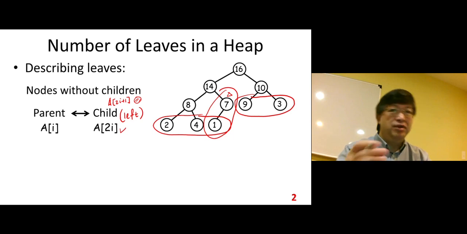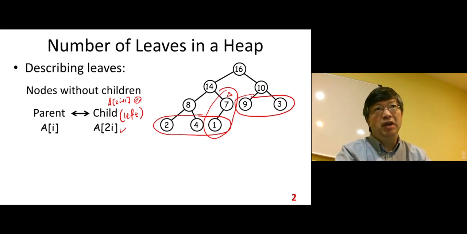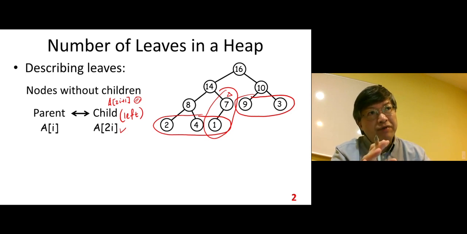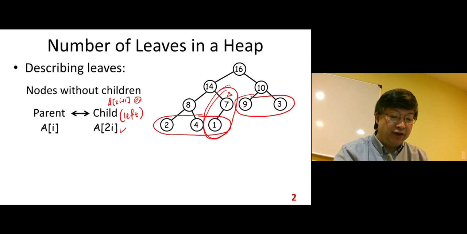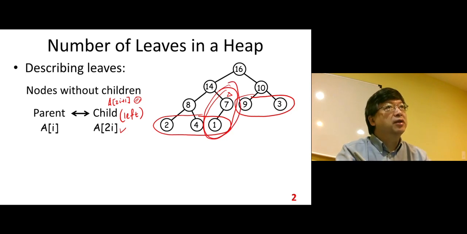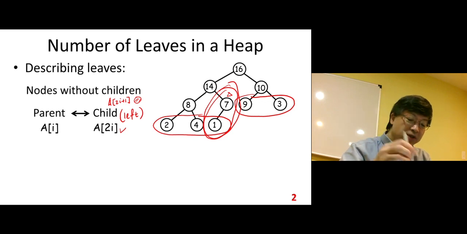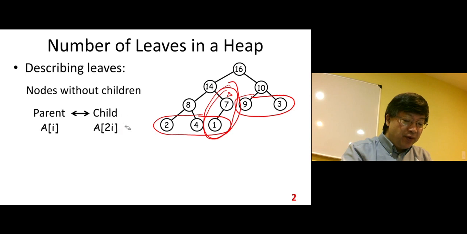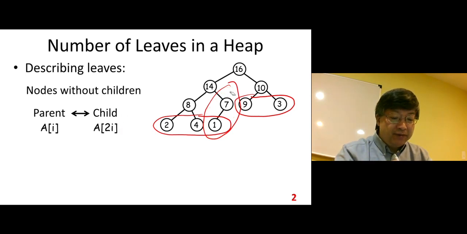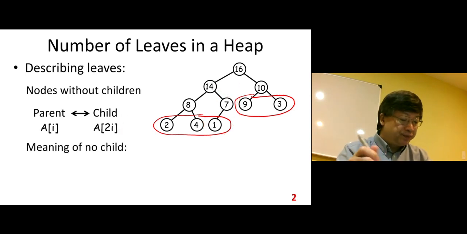So we use that observation, because if a node is not a leaf, it may not have a right child, as in this special example. So based on that, we use that relationship.